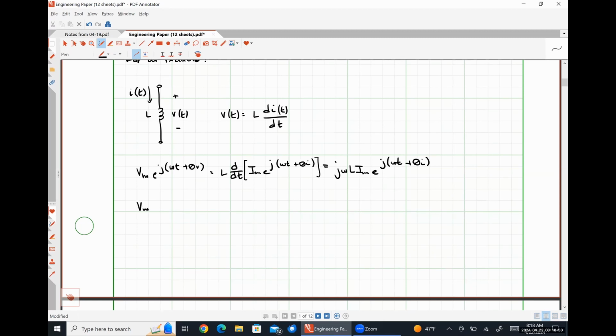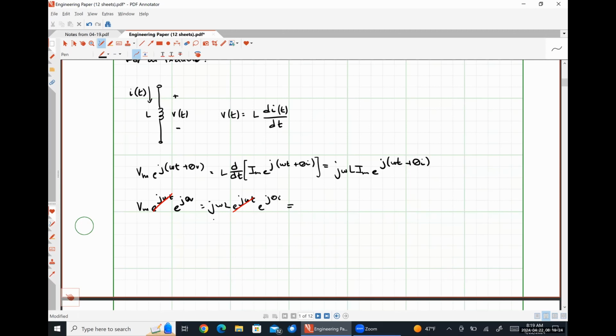Once again, I can split these up just like I did previously. And so now I'll have j omega L, e to the j omega t, e to the j theta I. Suppressing my frequency term on both sides, I have this relationship. I'm going to take this one step further, and let me know if you need me to explain what's going on here.